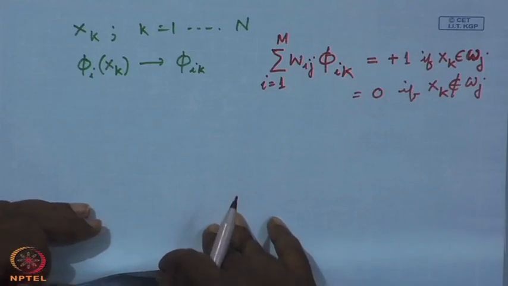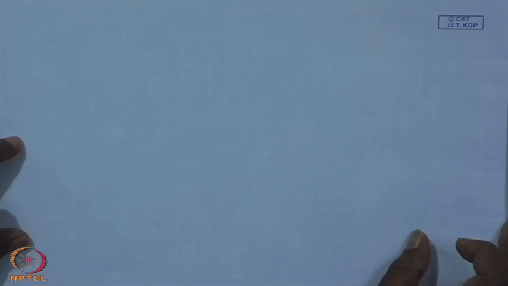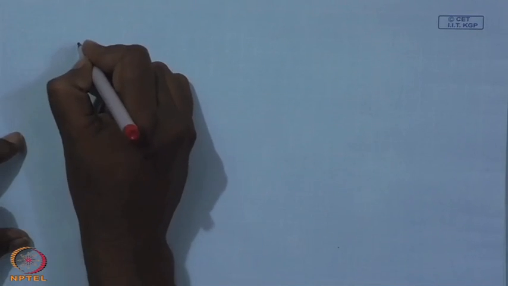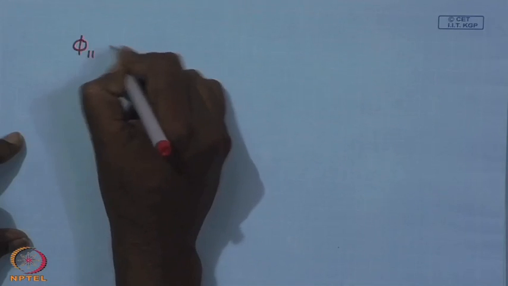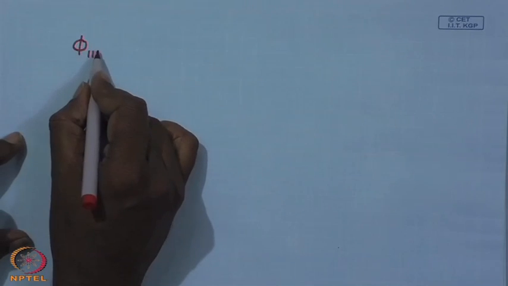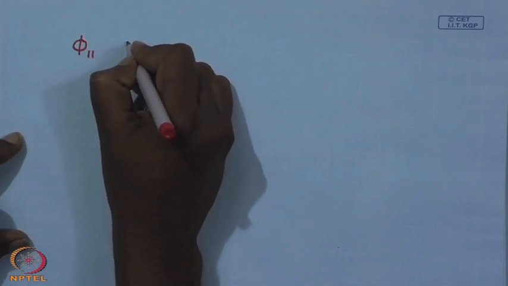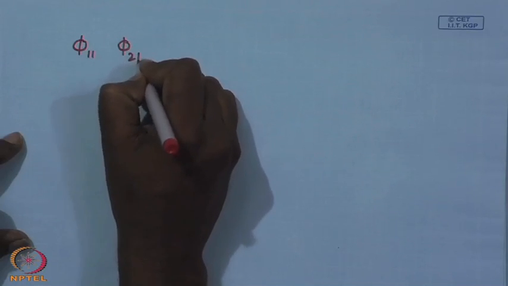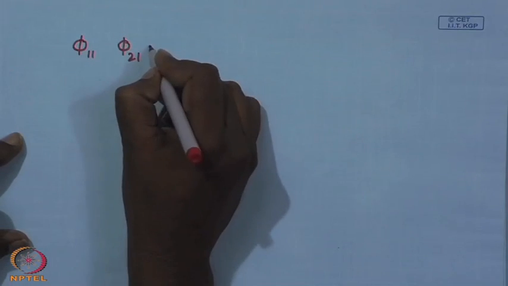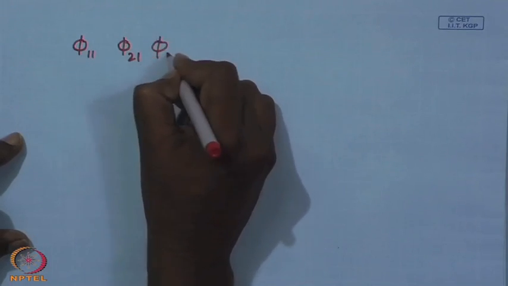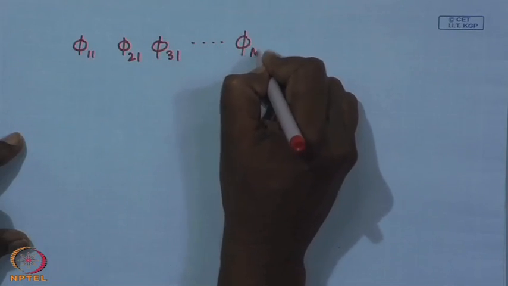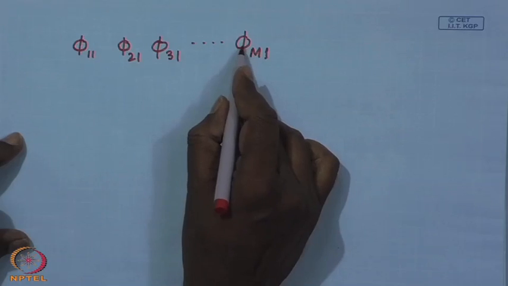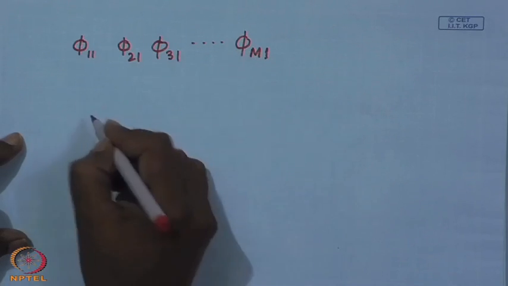So, in the matrix form, let me write the matrix equation: phi 1 1, which means phi 1 of x 1, phi 2 1, that is phi 2 of x 1, phi 3 1, up to phi m 1, this means phi m of x 1.